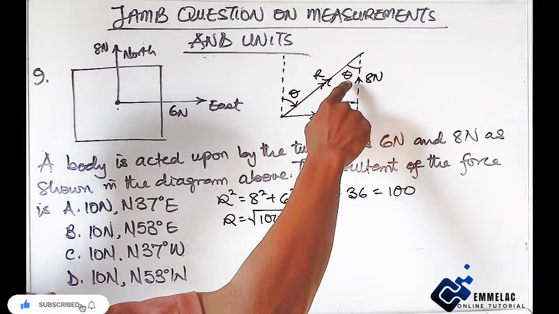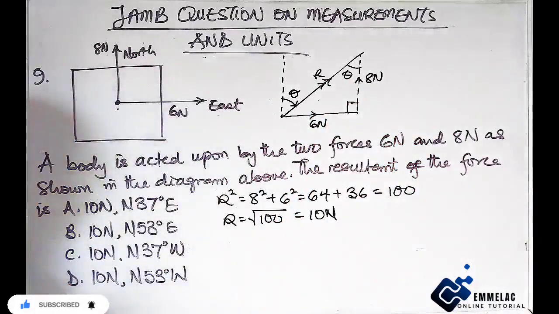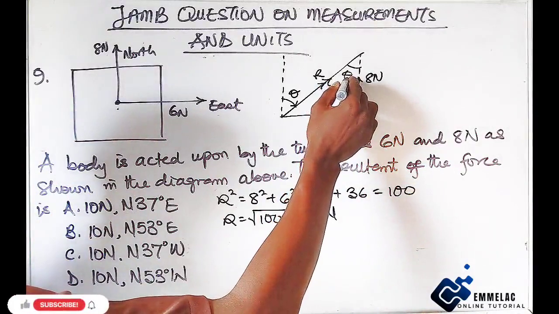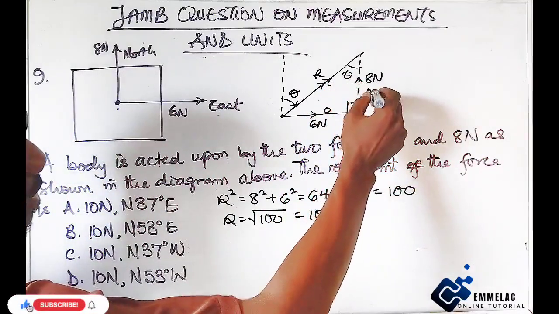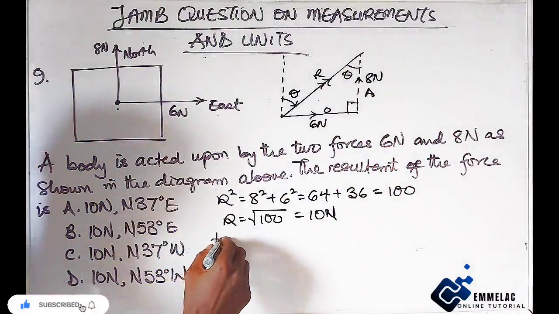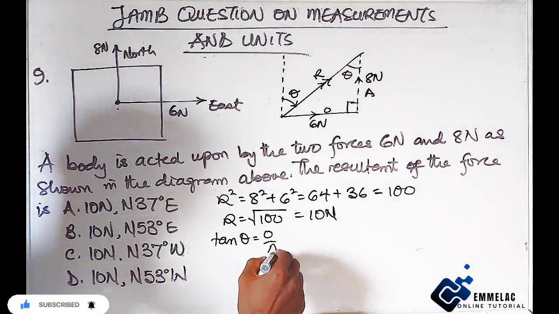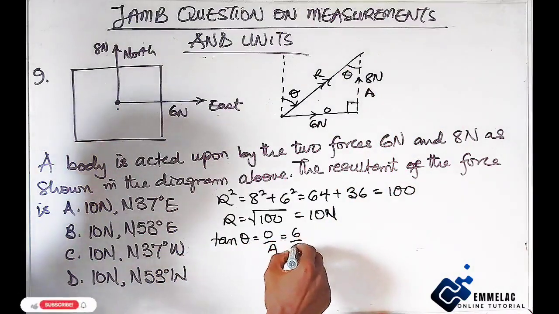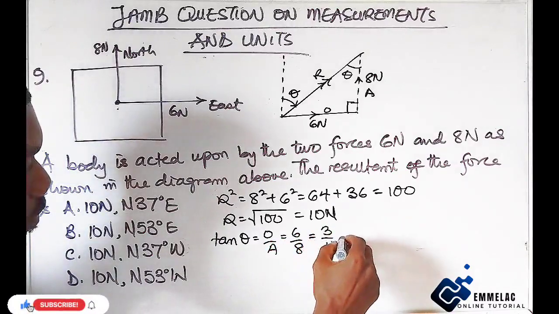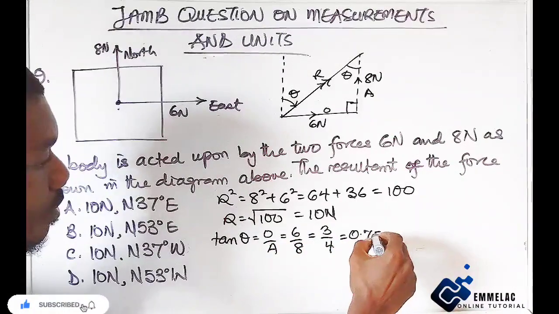Alright, for us to now get the direction, you can see this is the angle. Now the relationship between the angle, 6 and 8 here, you will see that this is opposite in relationship to theta, and this is the adjacent in relationship to theta. So using SOHCAHTOA, tan theta will give us opposite over adjacent, which is 6 all over 8. Reducing the fraction, we have 3 all over 4. To decimal, this should be 0.75.